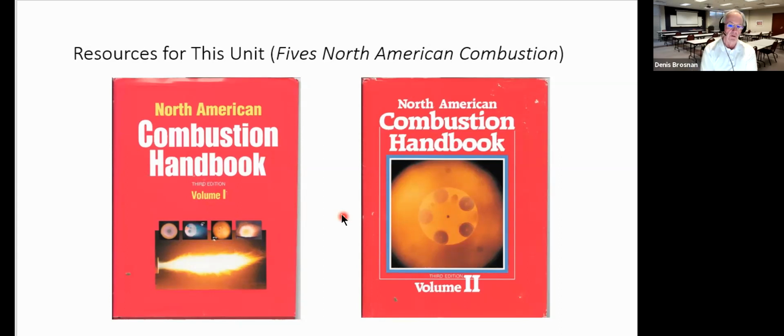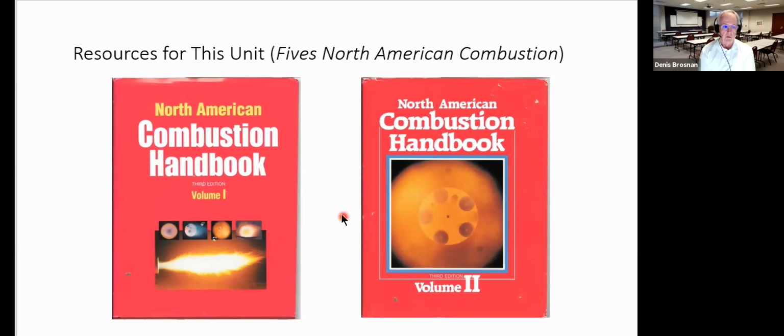I mentioned before in this course that of all the books that I've ever seen in offices in industrial settings, I've found the North American Combustion Handbook on the bookshelf. Engineers use this book. It's very, very useful. Now, in the more modern world, now that we have combustion utilities like eSolutions by Honeywell, you'll find a lot of data in the Honeywell utilities, and of course they allow calculations.